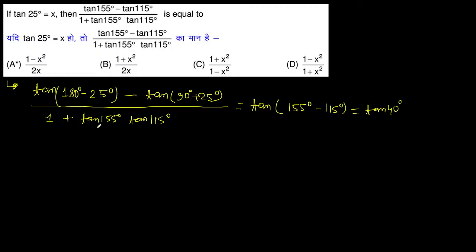So which is difficult. So better we write it as 180 minus 25 degree, and this we write as 90 plus 25 degree.